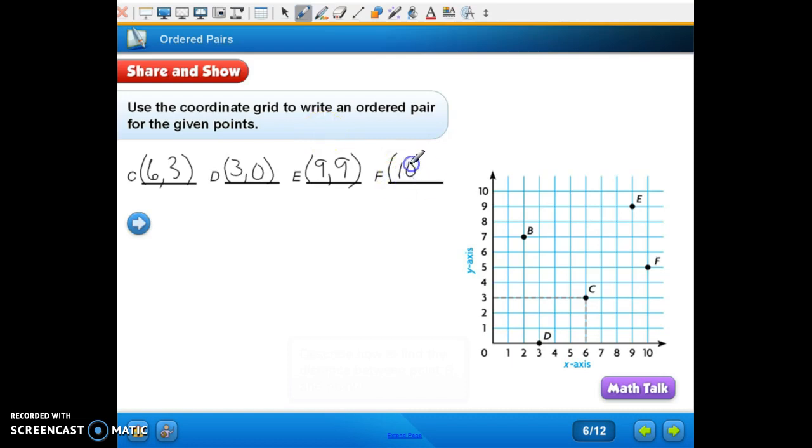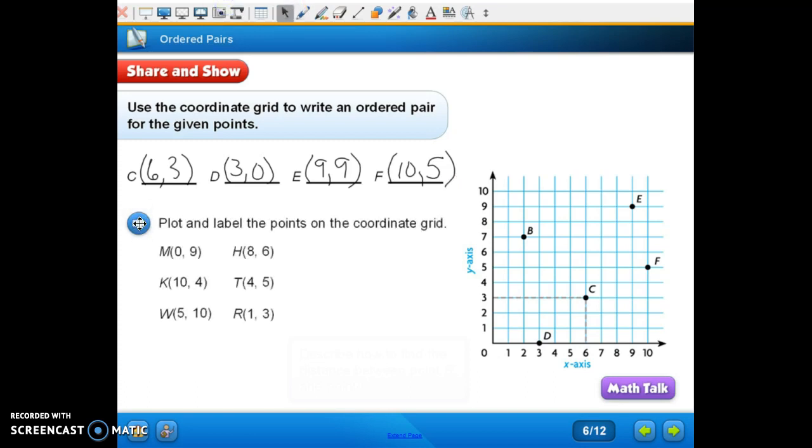And up 5. Okay, so you should have (6, 3) for C, (3, 0) for D, (9, 9) for E, and (10, 5) for F. Those need to all be in parentheses. That indicates it's an ordered pair.